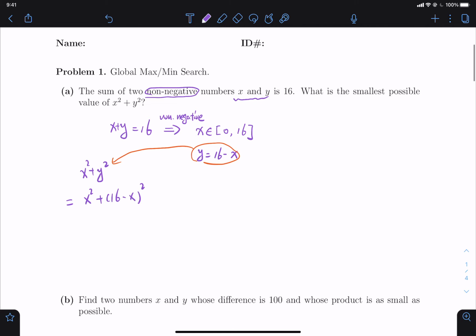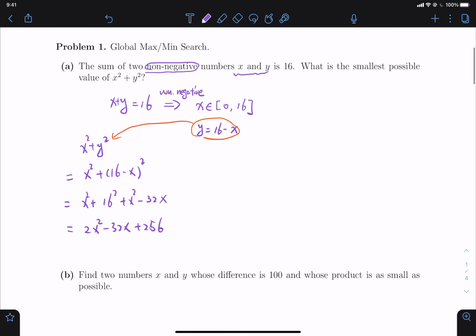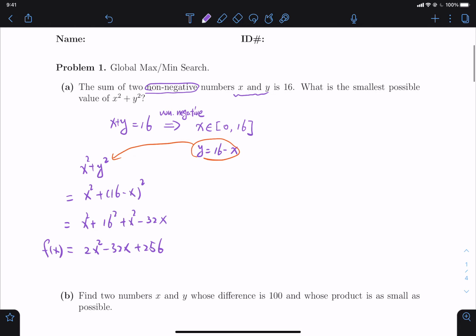Now we can simplify this. This is equal to x squared plus 16 squared plus x squared minus 32x, which is 2x squared minus 32x plus 256. So this is our f of x. To find the max and min value, we need to consider its derivative.